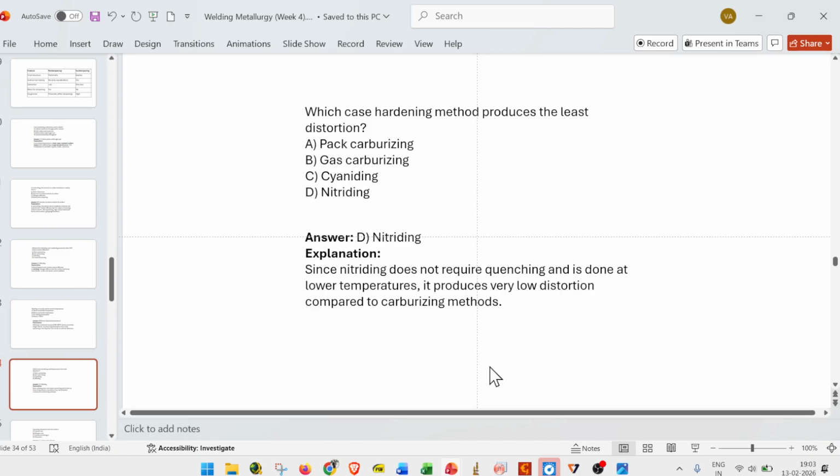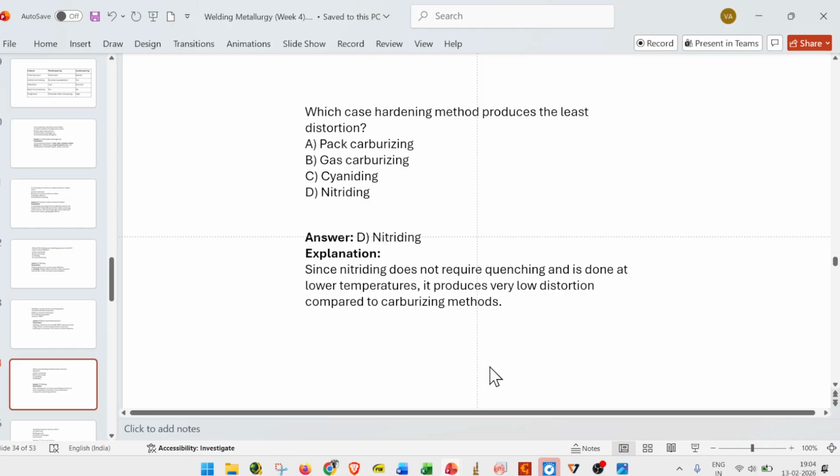Which case hardening method produces the least distortion? Pack carburizing, gas carburizing, cyaniding, which means introducing both carbon and nitrogen, and nitriding.